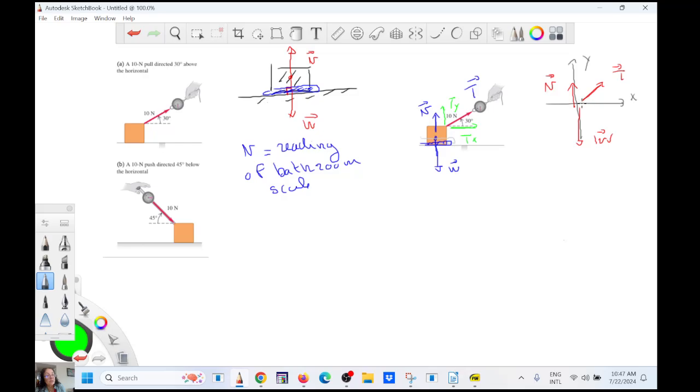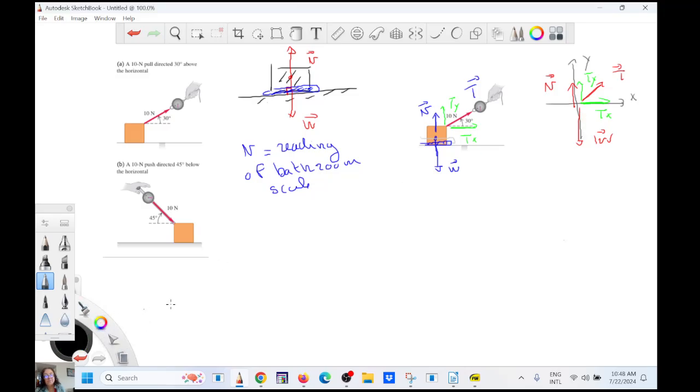You can also draw the components here. The x component does not have anything to balance it out, and you have the y component here. Along the y-axis, nothing is happening, so up equals down.